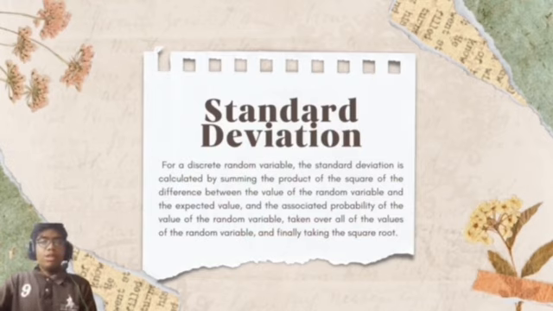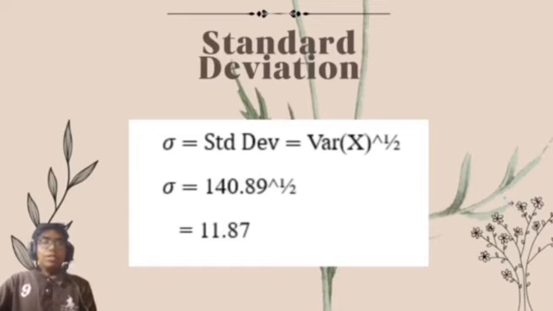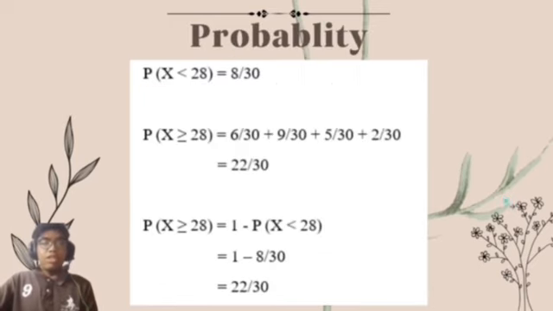So basically it is the square root of the variance. As you can see here, the standard deviation is equal to variance power of 1/2, or the square root of the variance. The variance we got just now is 140.989. We take the square root of it and we get 11.87. So that is the standard deviation.